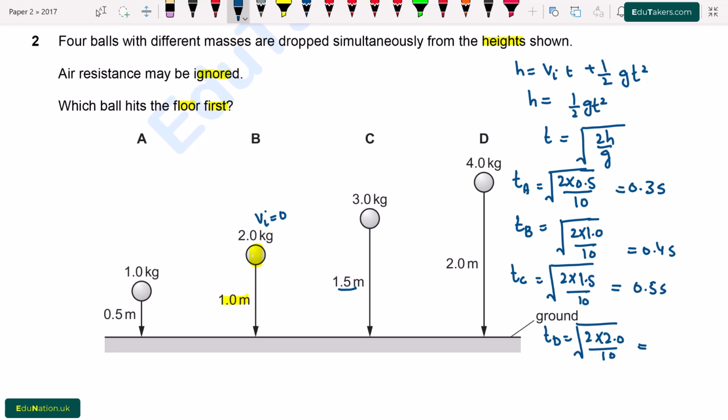So time will be equal to 0.6 second. Now we see here that time is smallest for ball A. It means that ball A hits the floor first. From here, option A is correct.